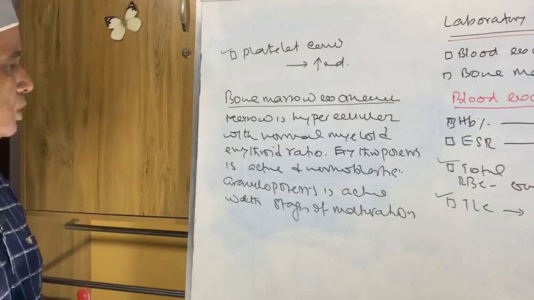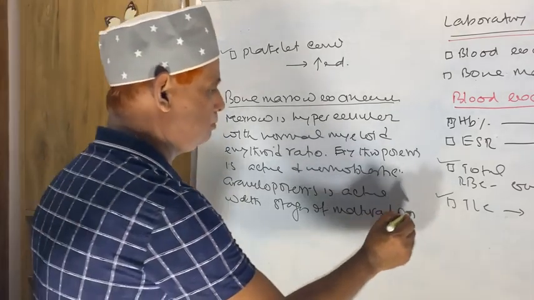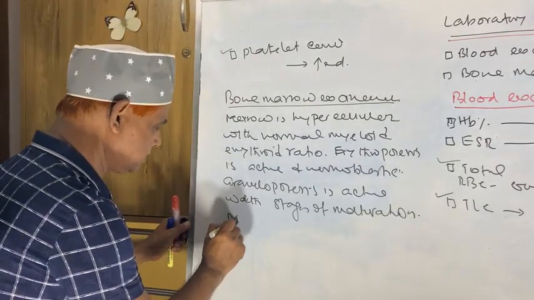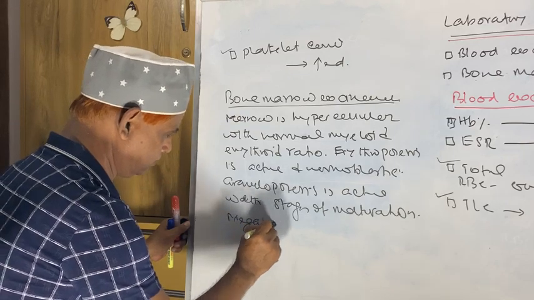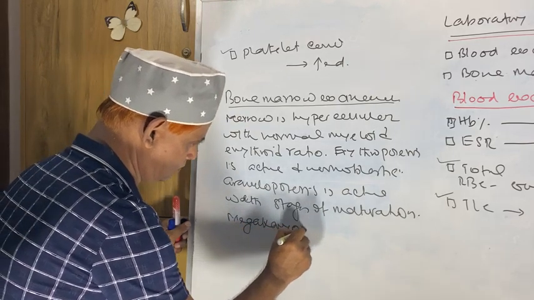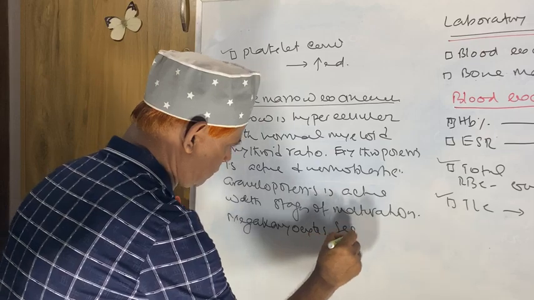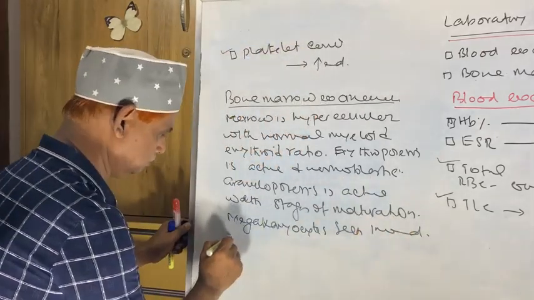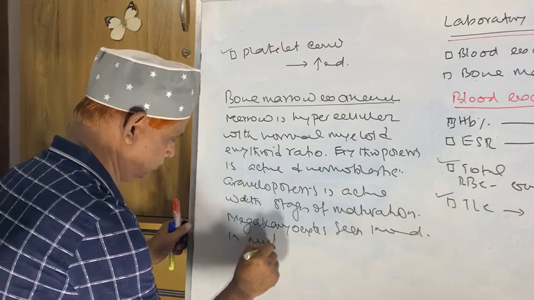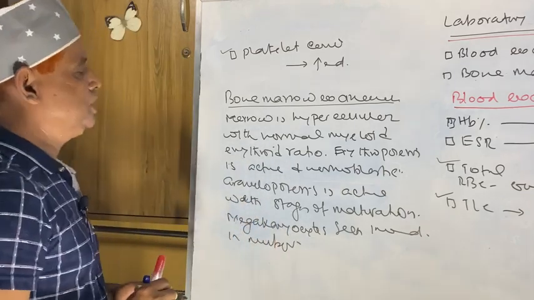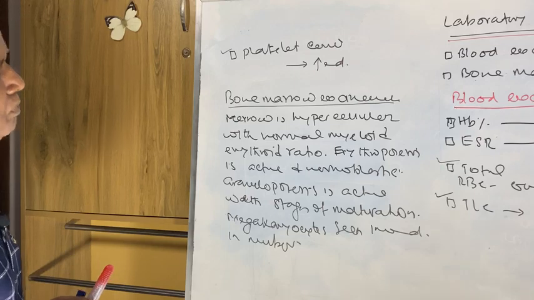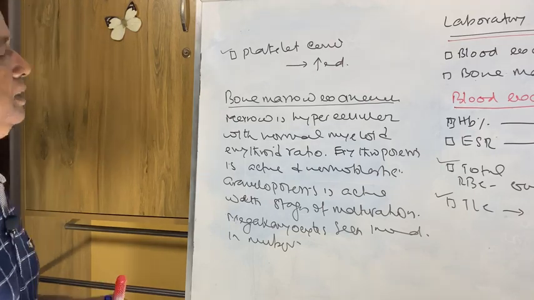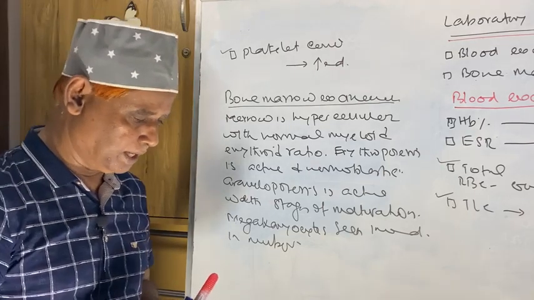Granulopoiesis is active with all stages of maturation. Megakaryocytes seen increased in number. So these are the bone marrow findings of polycythemia vera, and this is all about polycythemia vera.